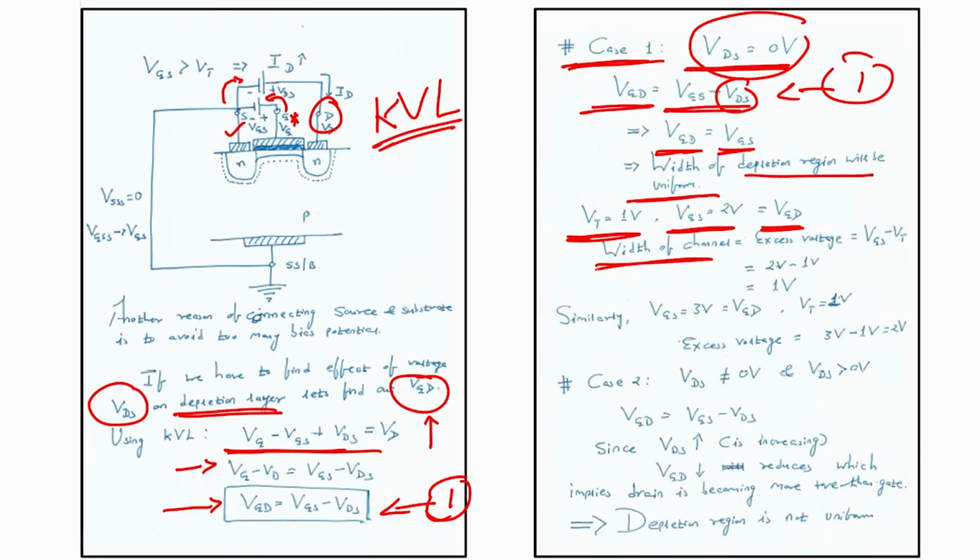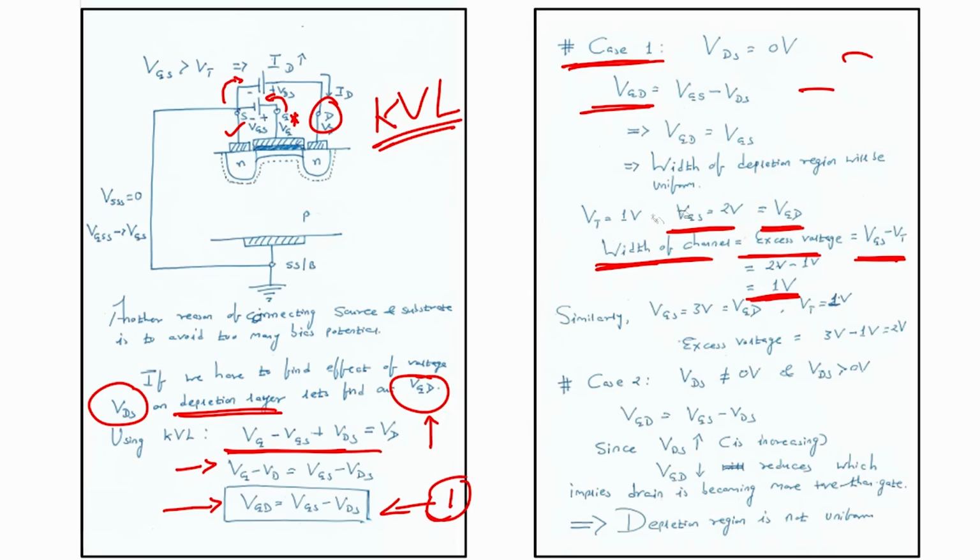The width of the channel is determined by the excess voltage, Vgs minus Vt, which is 2 minus 1, so 1 volt.